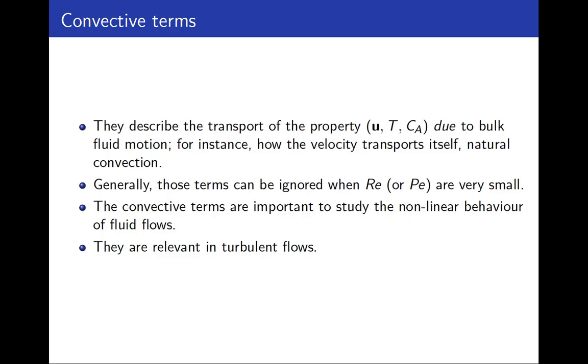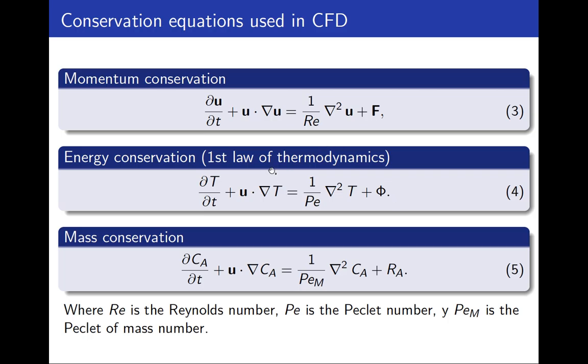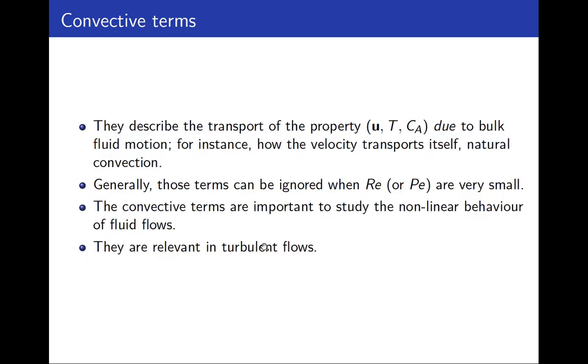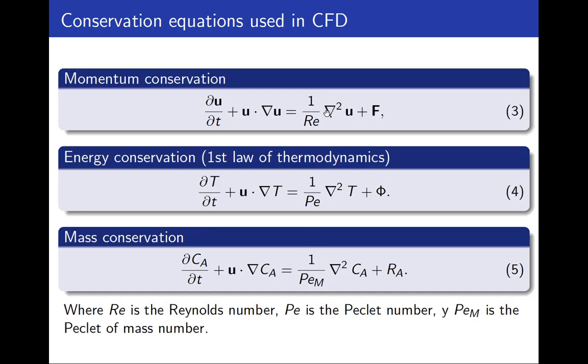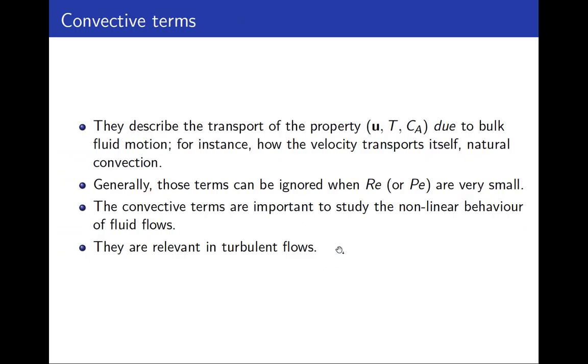And in some cases, it's really convenient not to consider these terms because they are strongly nonlinear. These equations are sometimes really hard to solve because of the convecting terms. So sometimes it's convenient not to consider them. So yeah, you can ignore them when these dimensionless numbers are very small.